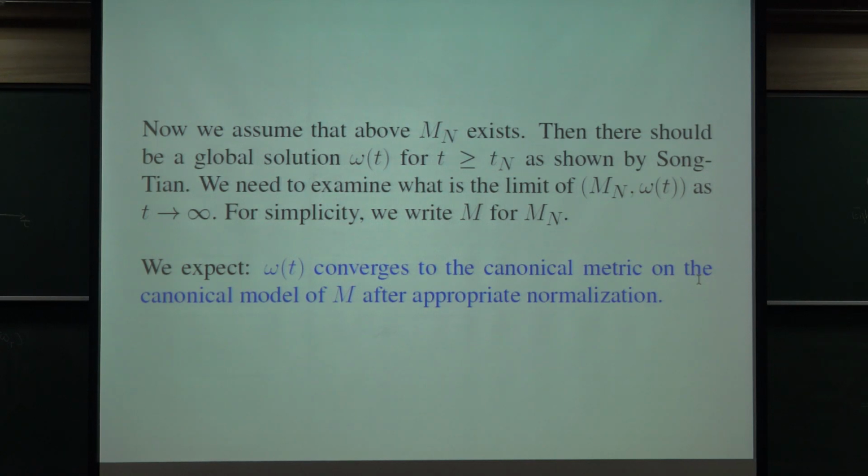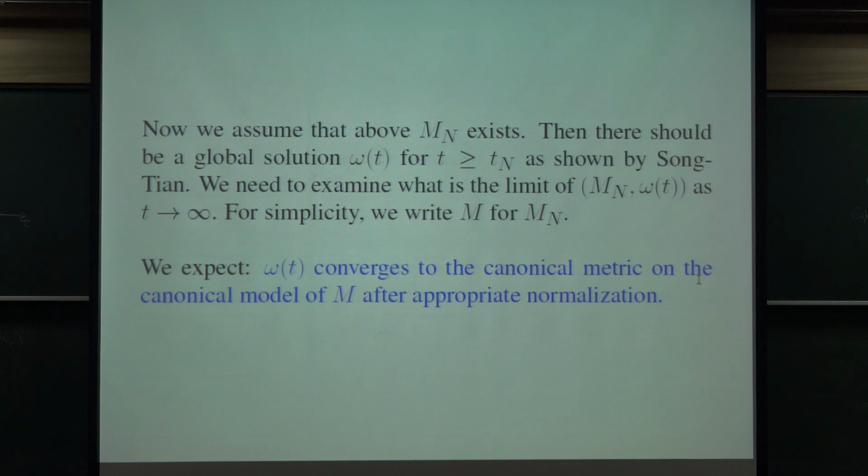Then by this result with Jian Song, which extends my previous work with Zhang Zhou on the smooth case, we have a global solution. So after finite surgery, you have a global solution. Then you ask, what is the limit as t goes to infinity?